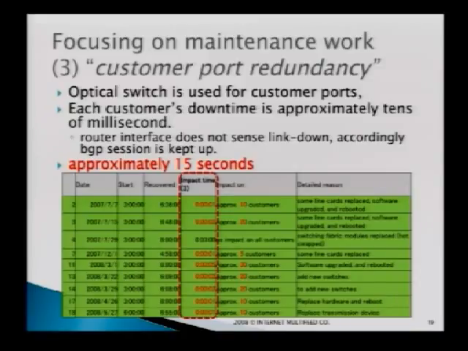The optical switches change the main port to the backup port in a tenth of a millisecond. So for this, at most 1 second is downtime, and this one is approximately 2 seconds. Summing up these times, approximately 15 seconds is the real downtime.